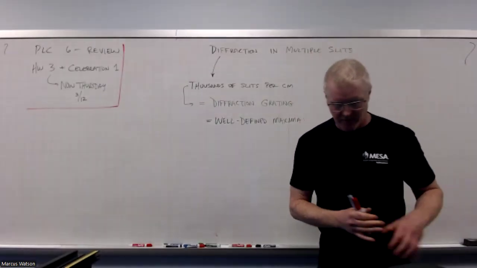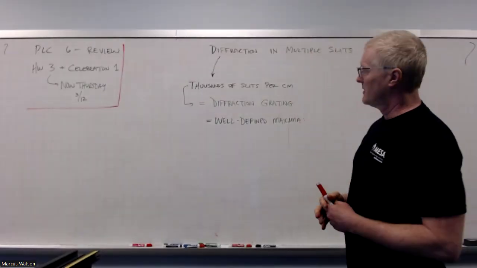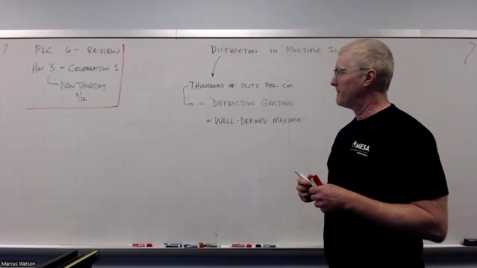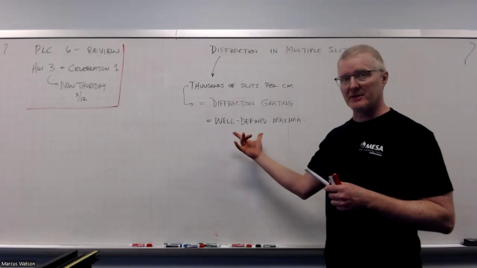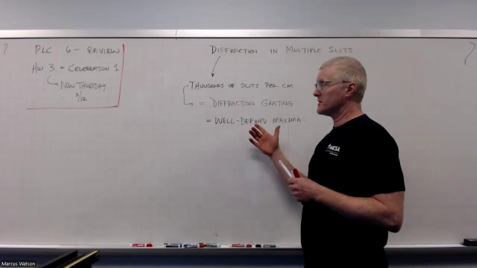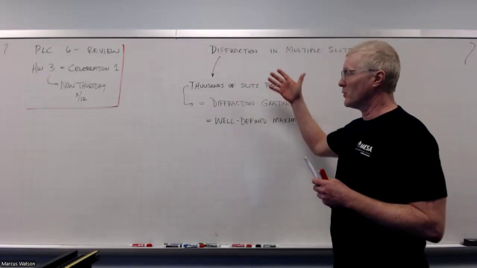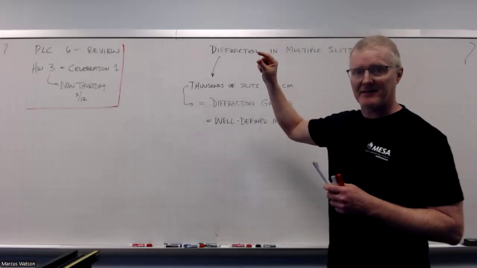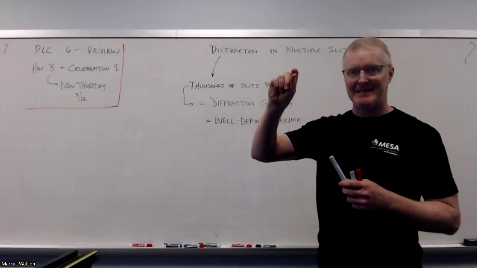Okay, so we're going to try to use a locator, just like we had with the double slit interference. And that was basically what I talked about before, where I have one wavelength in the path length difference between adjacent slits.